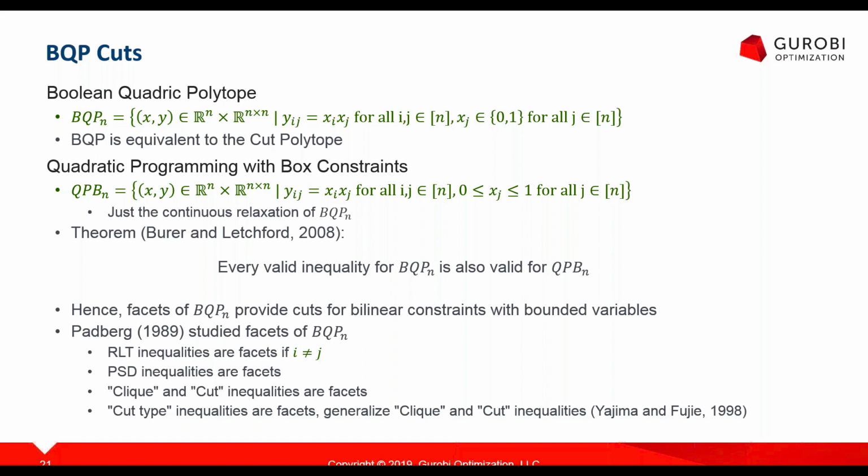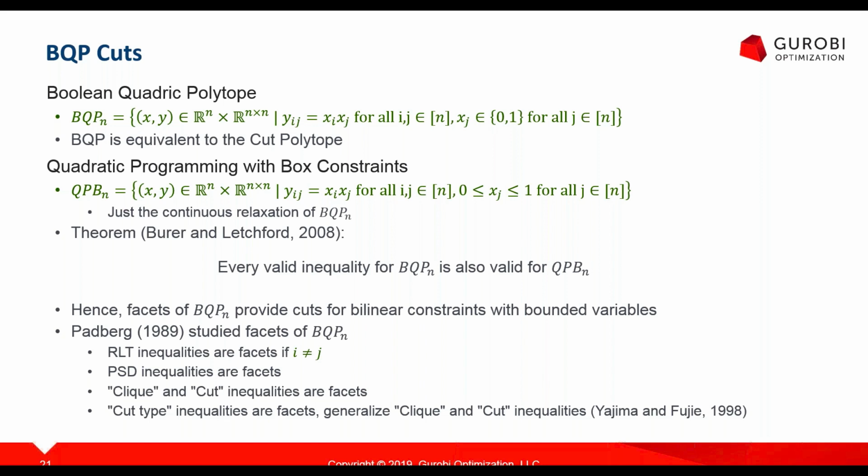Then there are cutting planes called Clique and Cut inequalities, which are also facets. And then Yajima and Fujie in 1998 generalized these Clique and Cut inequalities to a more general class of facets, which they call the cut type inequalities. So all of those inequalities can potentially be used as cutting planes for bilinear programs.